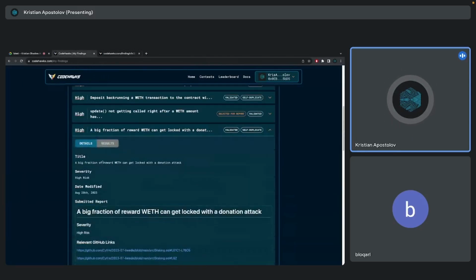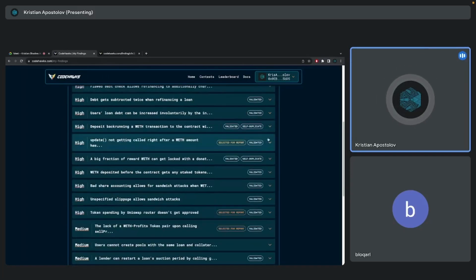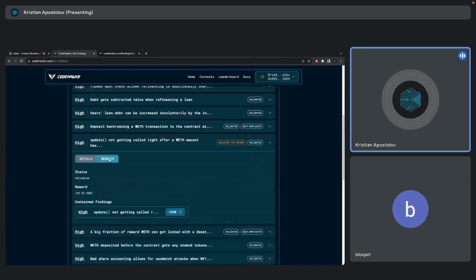Then I essentially had 3 findings that were self-duplicates of one another, like this one, and this one, which got kind of, I mean, the judging was kind of strange on them, and also the fact that they were self-duplicates of each other kind of broke the way that the reward mechanism works and the way that the report mechanism works.